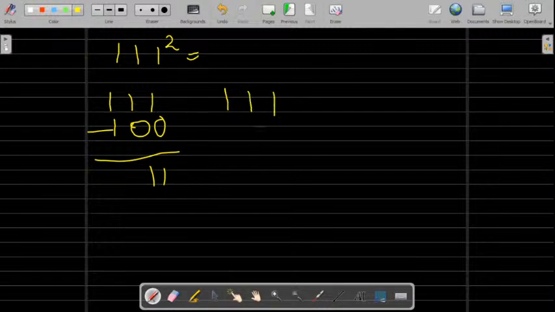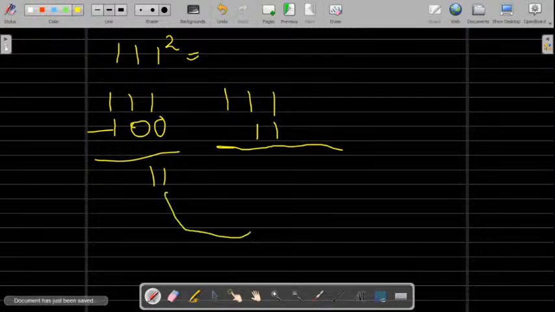So the difference is 11, right? So as usual I will write here the square of this number. So 11 square is how much? 121. So here we will get 121.